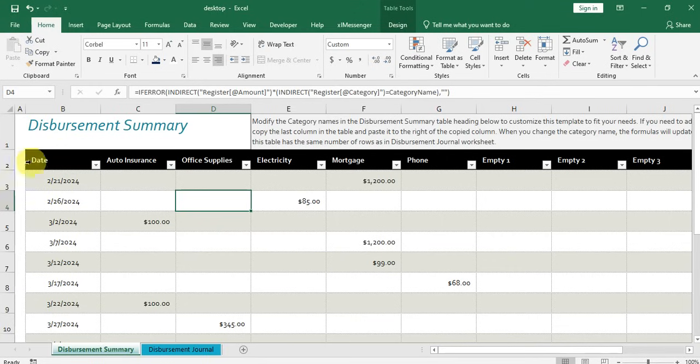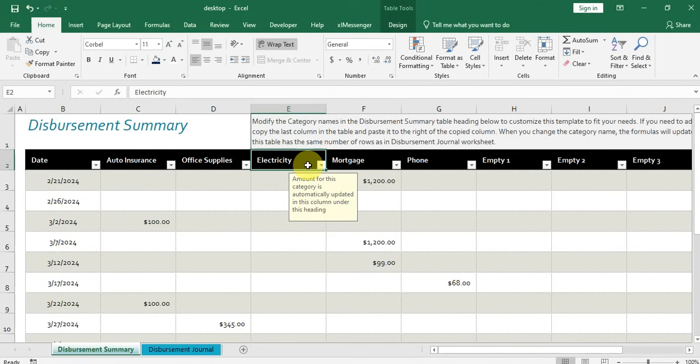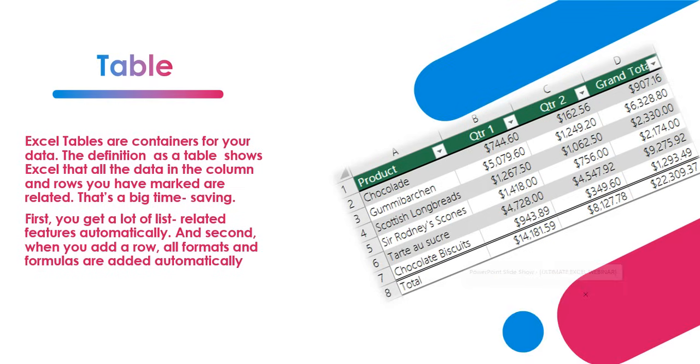And this is how a table looks. Excel only sees these as titles when you have set it to be a table. Yes, so that's how basically MS Excel works. This is another example of it.